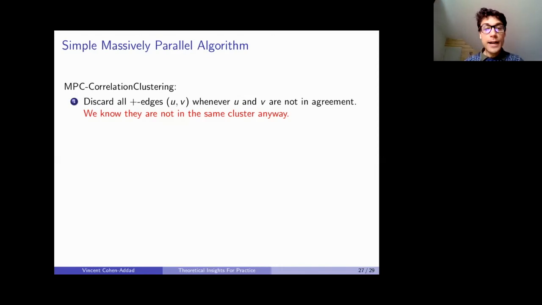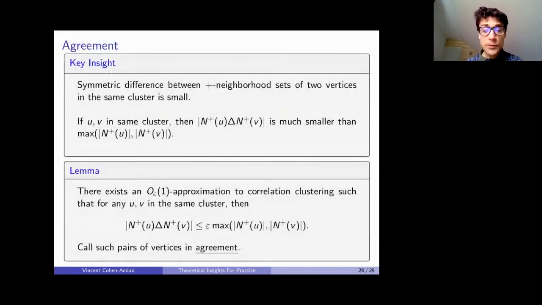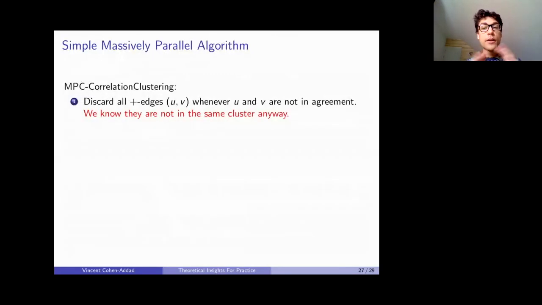So take your input graph and discard all the plus edges between vertices that are not in agreement. As I said before, if two vertices are not in agreement, they should not be in the same cluster, so we know they are not in the same cluster anyway, and by turning these plus edges into minus edges, we don't lose much.